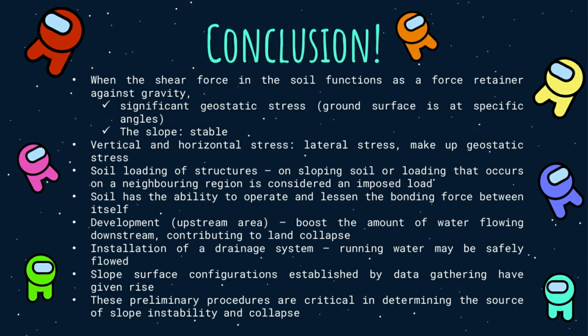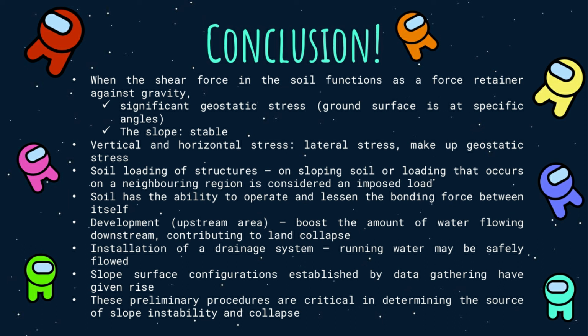Okay, for slope surface configuration established by data gathering, it has given rise to the concept of retaining structure design as a result of the methodologies utilized in this study. These preliminary procedures are critical in determining the source of slope instability and collapse.